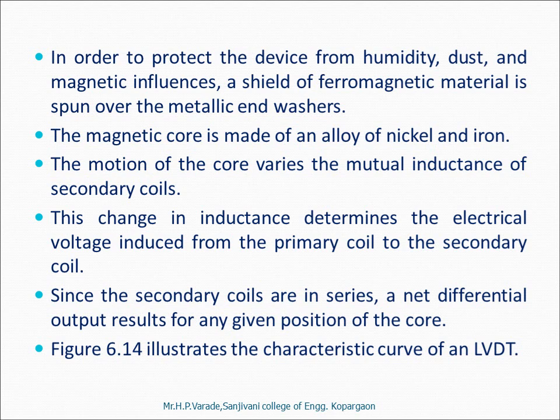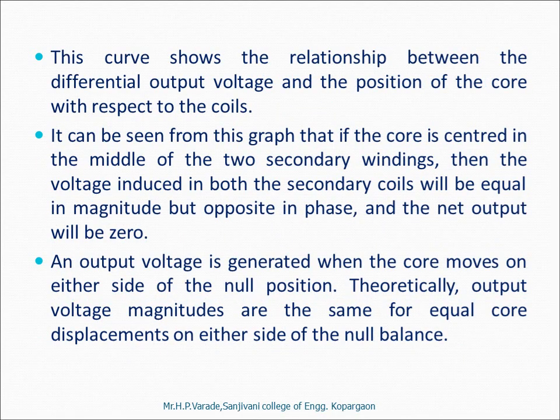The figure illustrates the characteristic curve of an LVDT. This curve shows the relationship between the differential output voltage and the position of the core with respect to the coils. It can be seen from this graph that if the core is centered in the middle of the two secondary windings, then the voltage induced in both the secondary coils will be equal in magnitude but opposite in phase, and the net output will be zero.